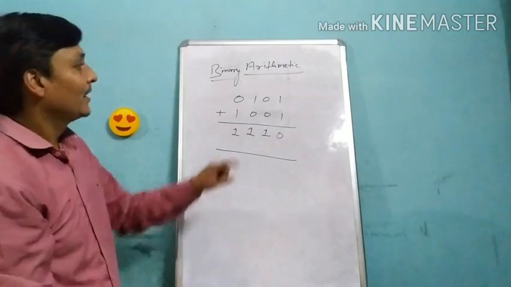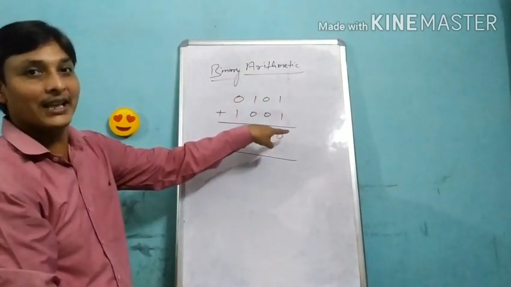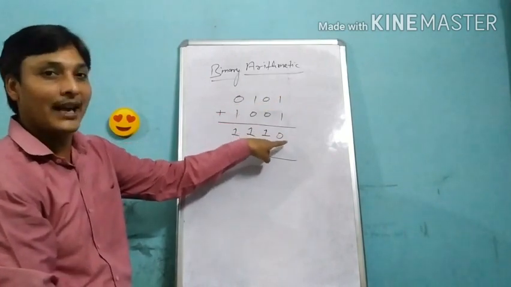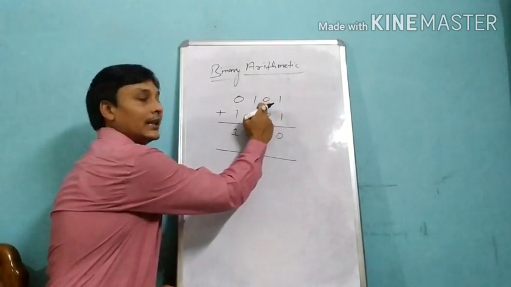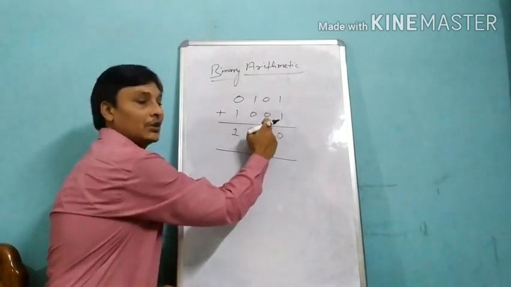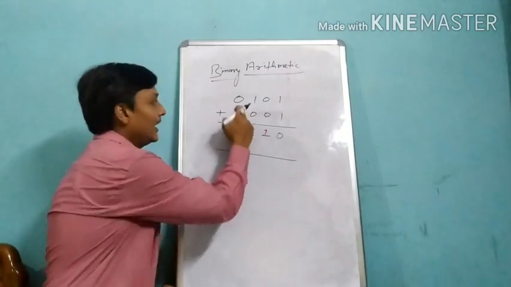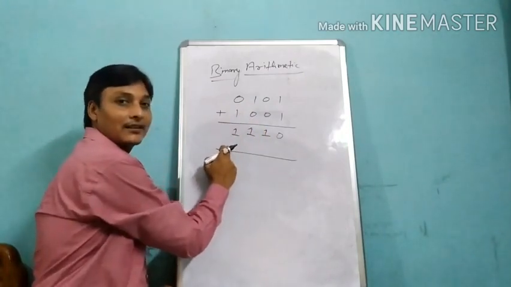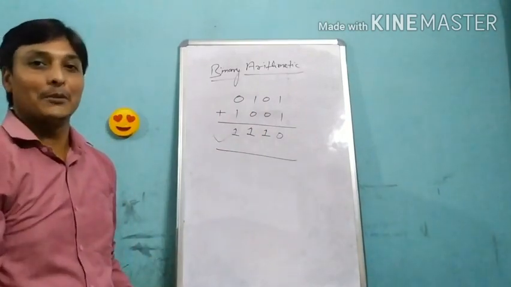Any problem? 1 plus 1 equal to 0 carry 1, I had written that over there. So we will mention 0 and carry 1 will proceed here. So 1 plus 0, you will get 1, and 0 plus 1, 1. This is your output. Any problem?